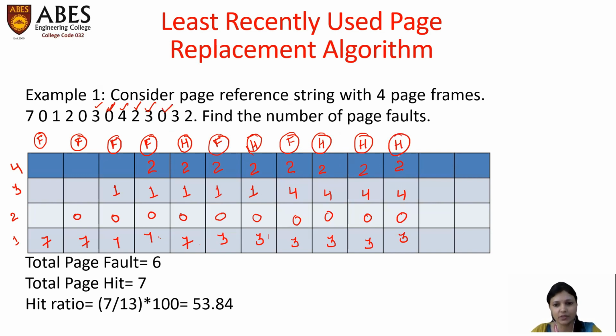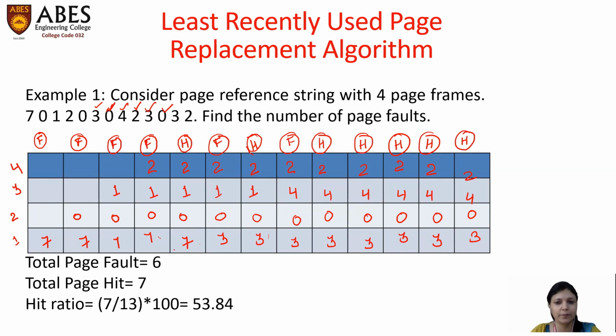Next value is 3. 3 is also present in the memory. It is also a page hit. Next value is 2. 2 is also present in our memory frame. It is also a page hit.